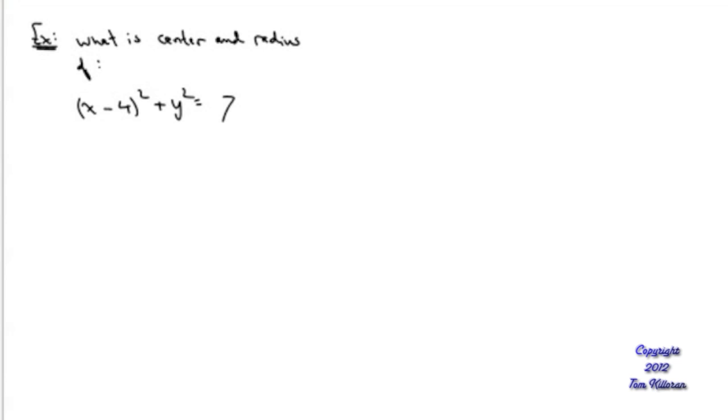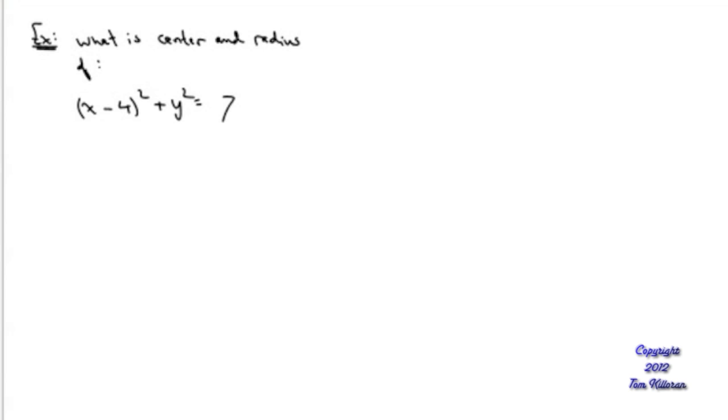Now, you got to be careful. When you look at the formula, it says x minus h, but up here it's just plain old h. So because it's minus h down here, you're going to pull it out opposite of what it is. Does that make sense? So when you see this negative 4, the x-coordinate of the center is just going to be 4.